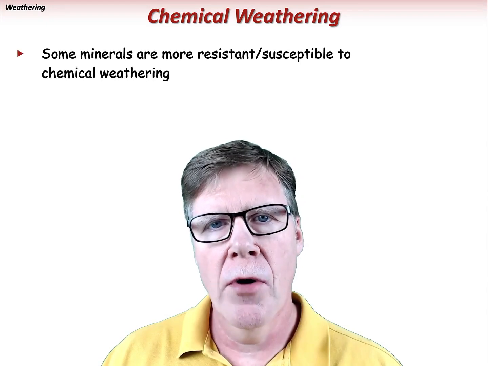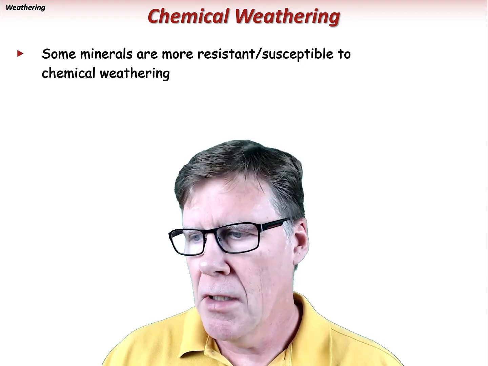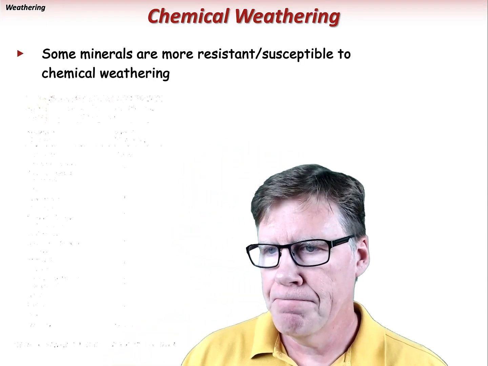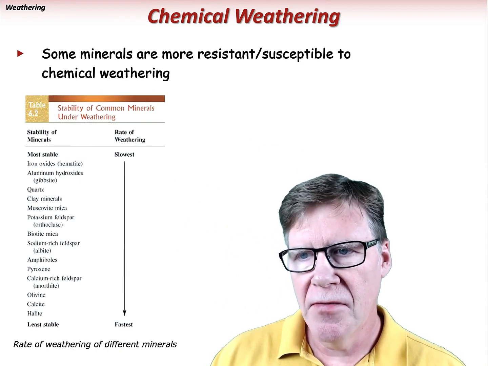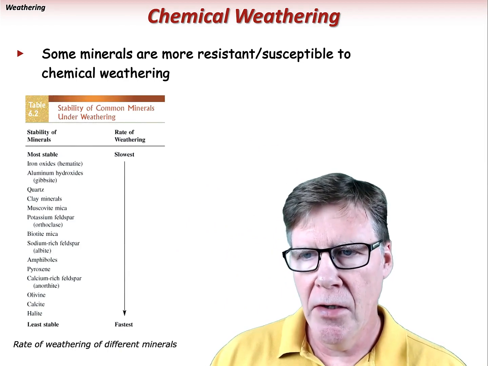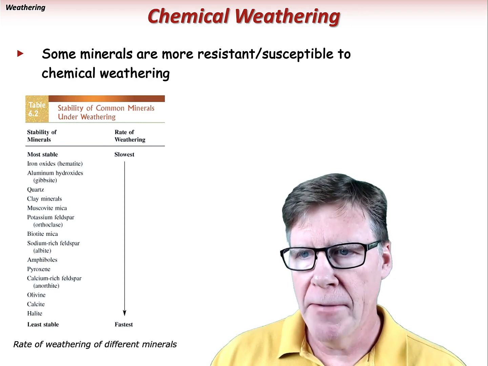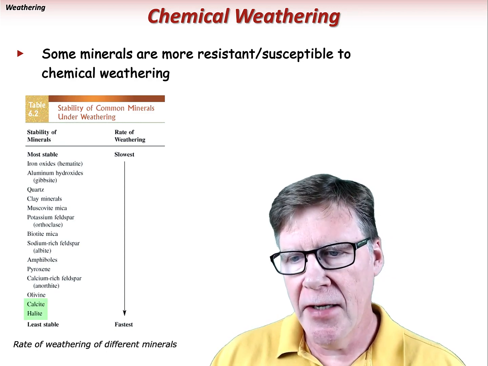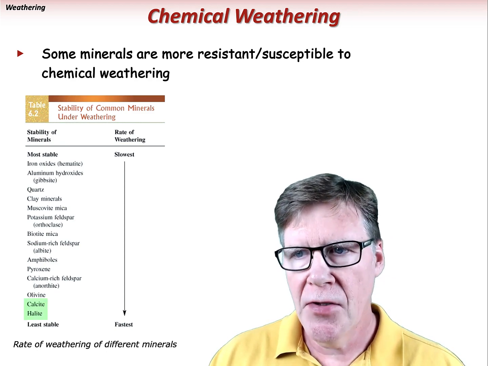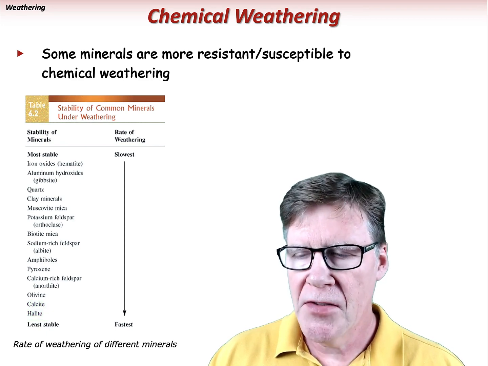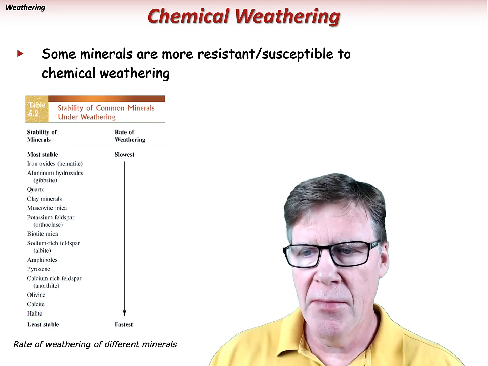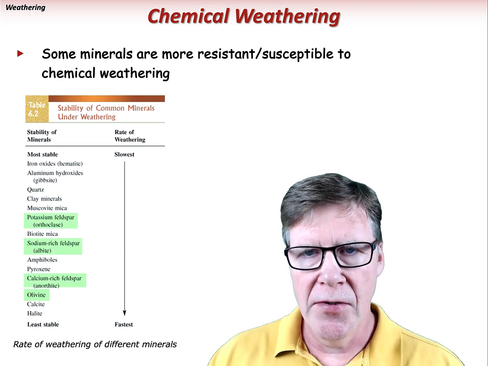Some minerals are more resistant to chemical weathering, and some are more susceptible. This shows a list of various minerals and their stability under weathering. Calcite and halite are relatively soluble, and so they're not very stable. The same can be said for the silicate minerals olivine and the feldspars.